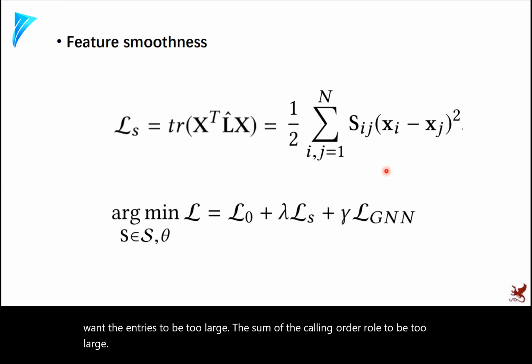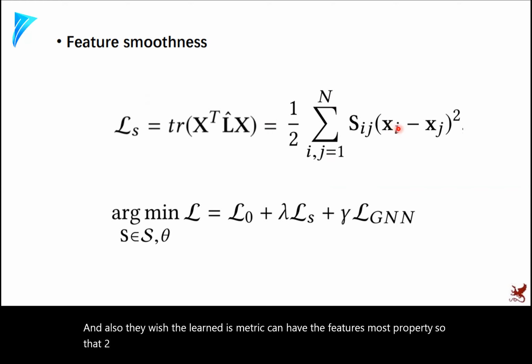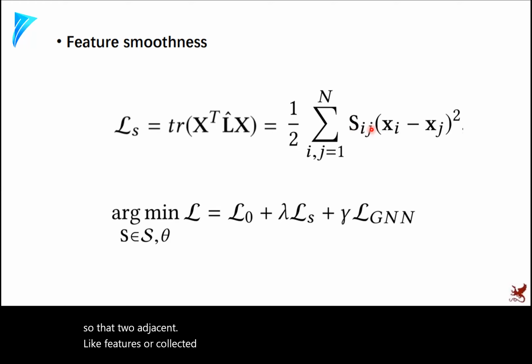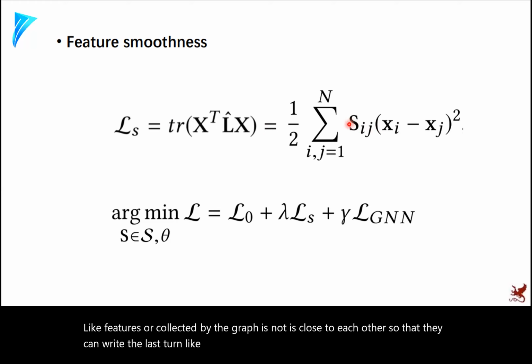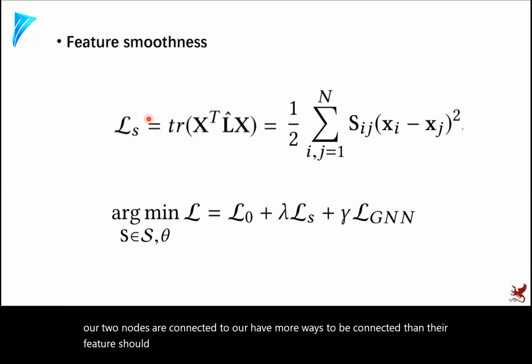And they also wish the learned matrix to have the feature smoothness property, so that two adjacent features connected by the graph are close to each other. They write the loss term like this, which means that if Sij is high, meaning two nodes are connected with more weight, then their features should be similar. Otherwise, the loss term will be very high.